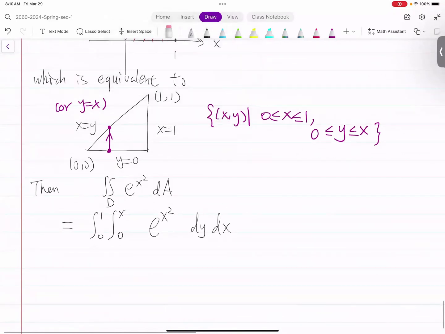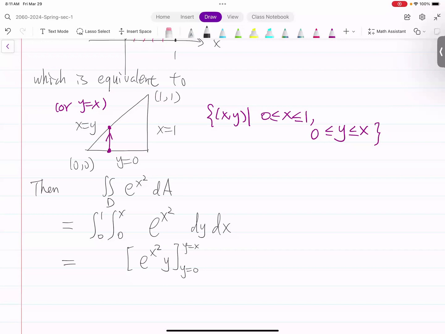That's the difference. So this equals, so now here we have e to the x squared, that's kept as constant when you do the antiderivative in terms of y, right? So now you multiply by y, that's the antiderivative of the inner function, and then you evaluate at y equal to 0 and y equal to x.